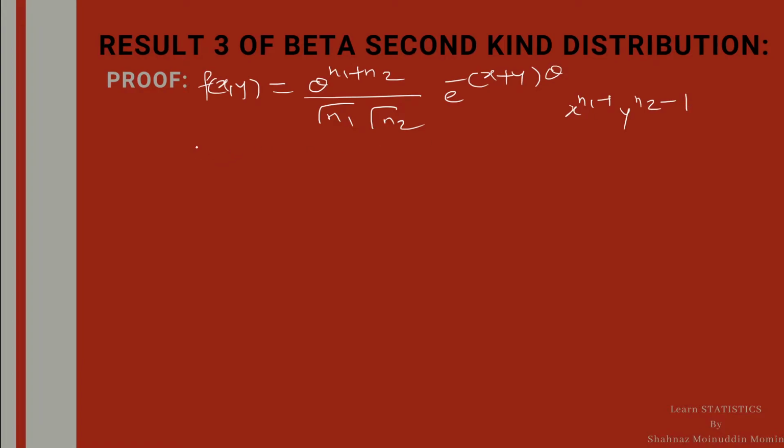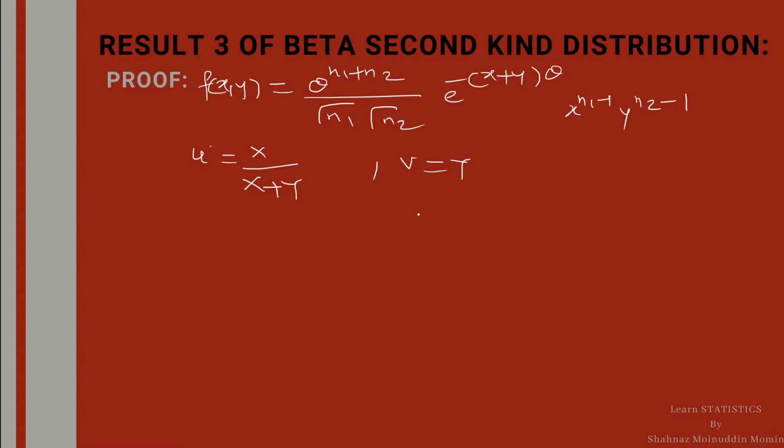Now let us define the new variables u equal to x upon x plus y and v equal to y. Since we are concerned with two variables x and y, we have to define two new variables, u and v.